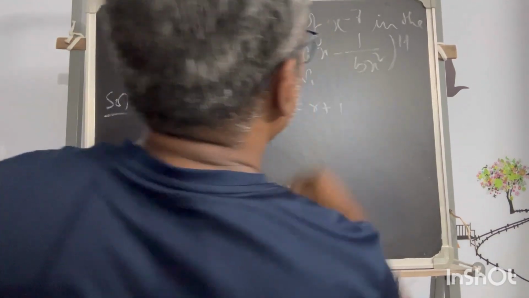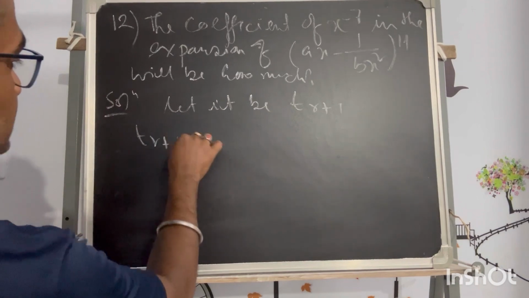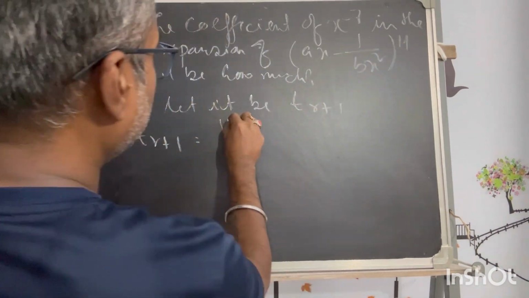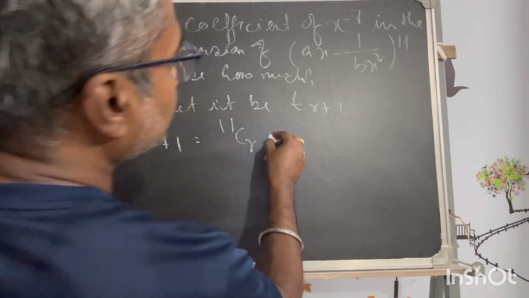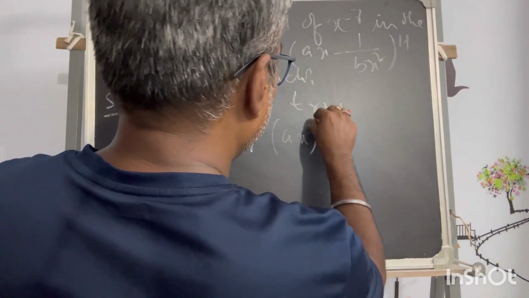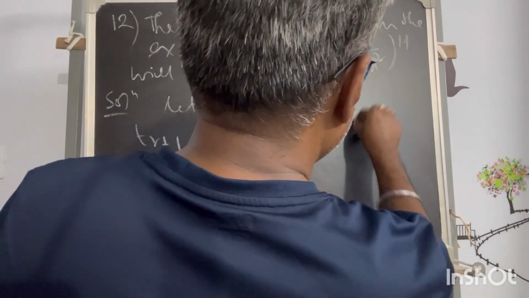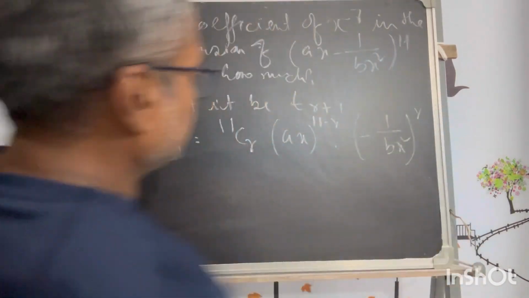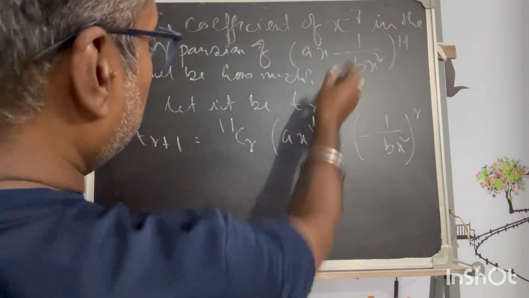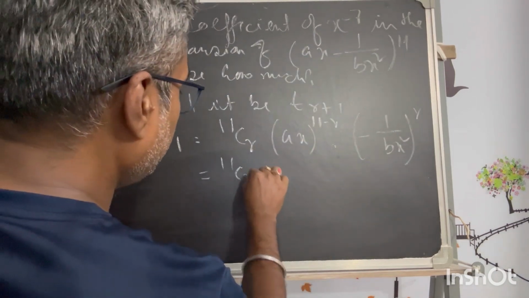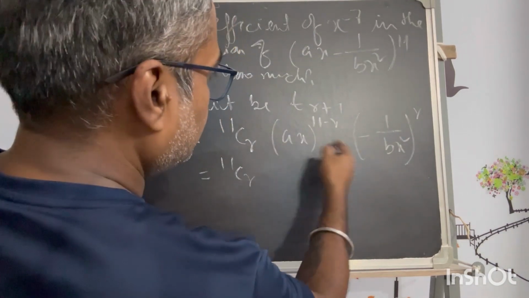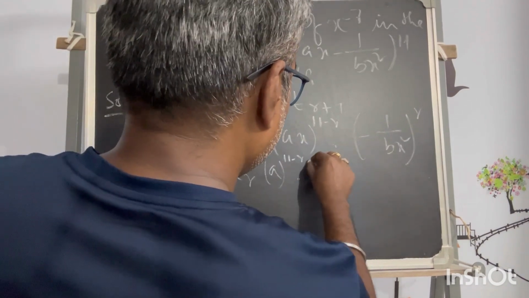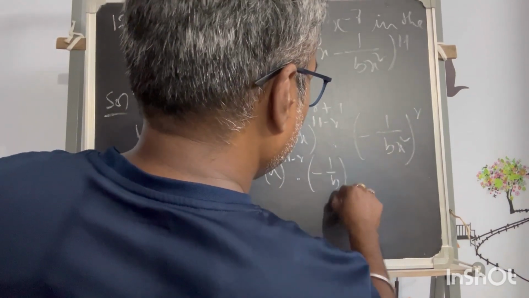Now what we will say, let it be t r plus 1. Okay, now t r plus 1 in this series, what will be the case? It will be 11 C r, and the first term is (ax) whole to the power 11 minus r, and the second term is (minus 1 by bx square) whole to the power r. So now once I eliminate all the constant parts on one side, a to the power 11 minus r, and here 1 by b whole to the power r.